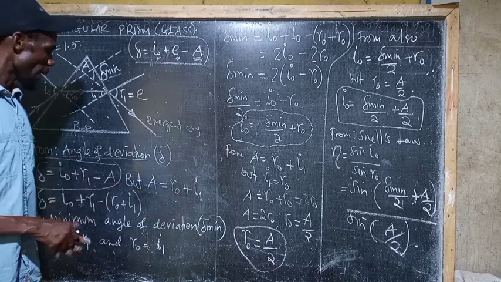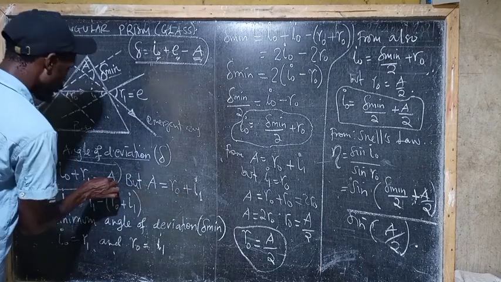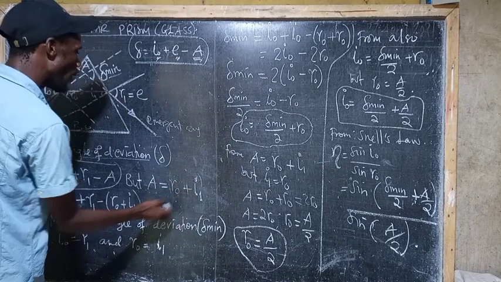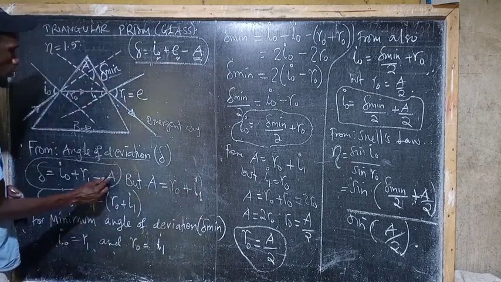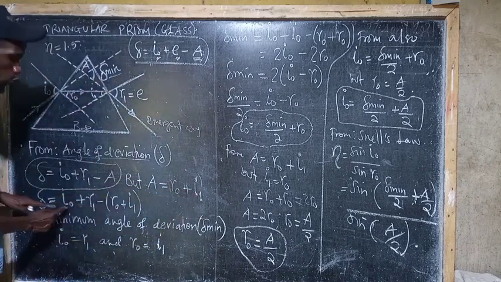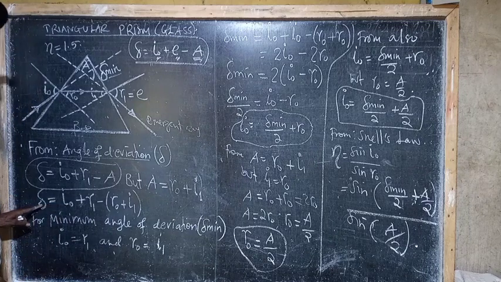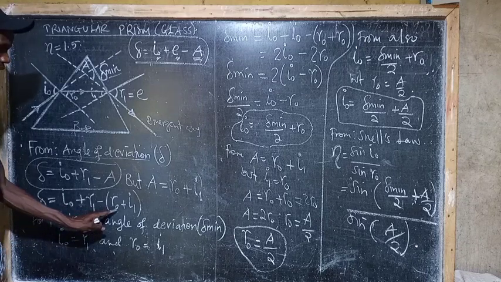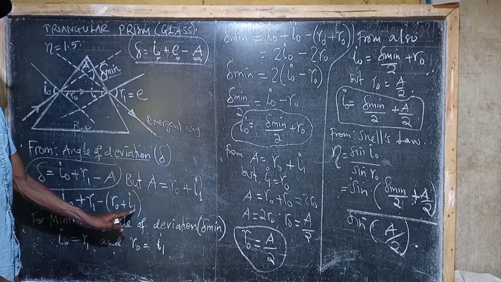Here it is. Mathematically means we have obtained the value of A. If now we take this one and substitute it here, it becomes this equation. So the angle of deviation is equal to instant angle plus R1 minus R0 plus I1.